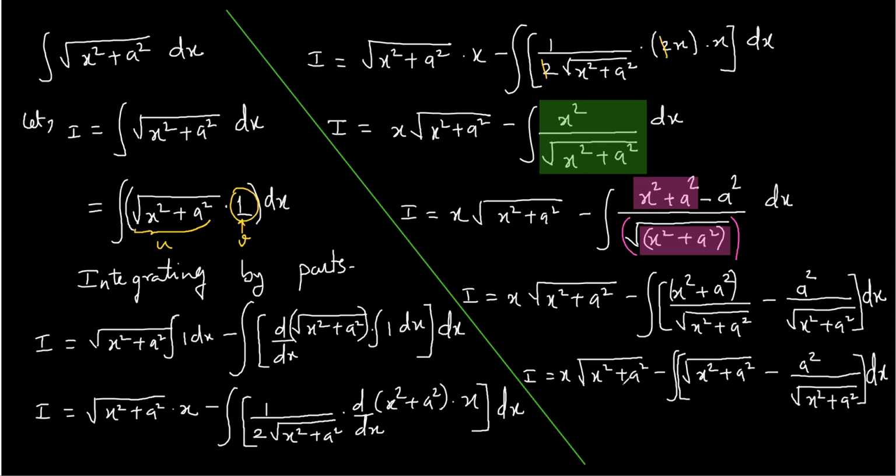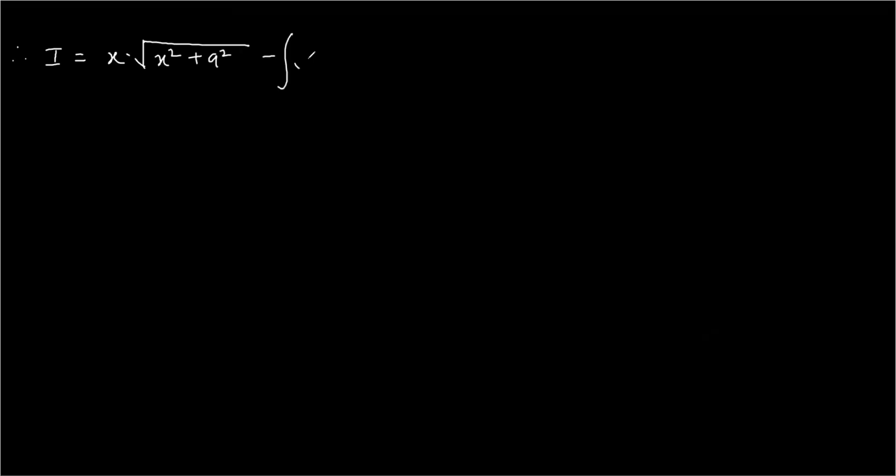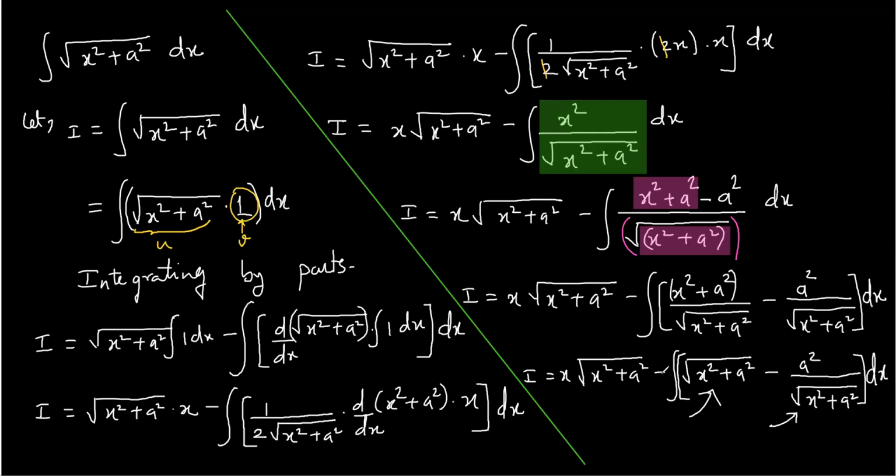Now I write separate integrals for these two. So I get, therefore, I equals x multiplied by square root of x square plus a square, then negative sign, and I write the integral for these two. So negative integral of square root of x square plus a square dx, and here you have a negative sign, here also a negative sign.